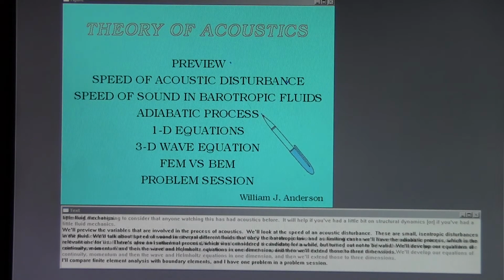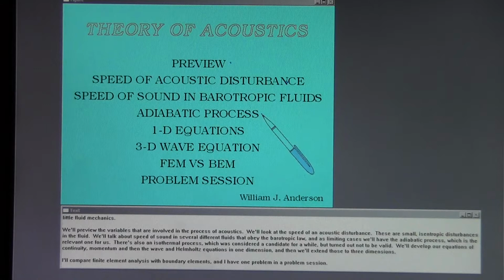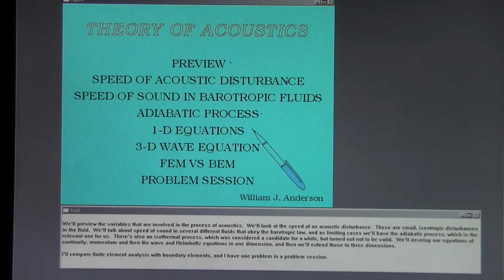There's also an isothermal process that was considered a candidate for a while, but turned out not to be valid. We'll develop our equations of continuity, momentum, and then the wave and Helmholtz equations in 1 dimension, and then we'll extend those to 3 dimensions. I'll compare finite element analysis with boundary elements and have one problem in a problem session.